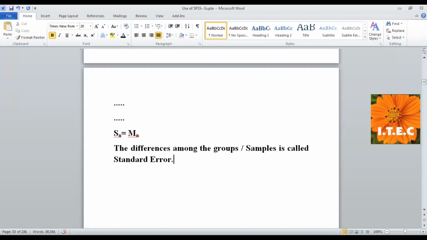Now listen carefully. For all practical purposes, we can never calculate the standard error, because I cannot keep on drawing the sample from the population. It is not possible. So therefore, we estimate the standard error.